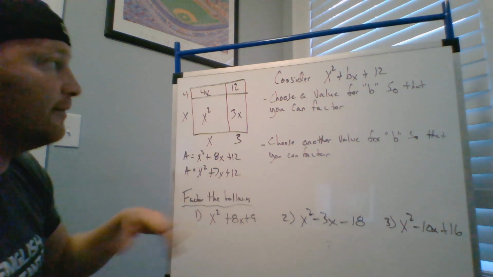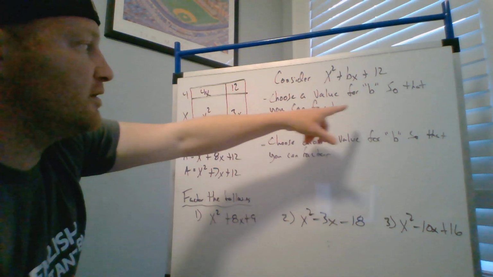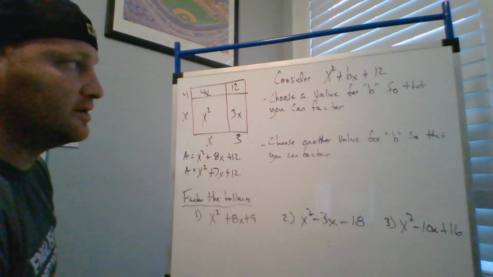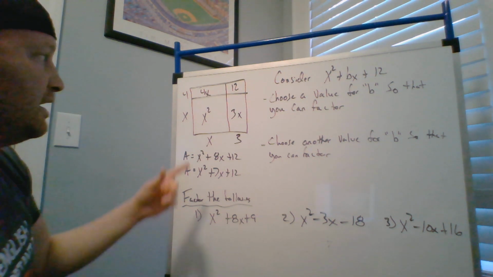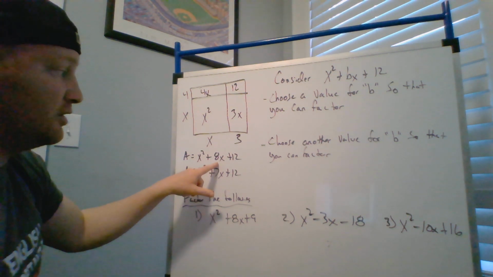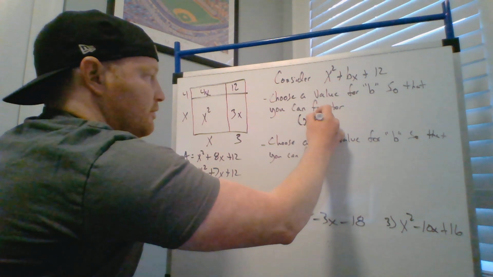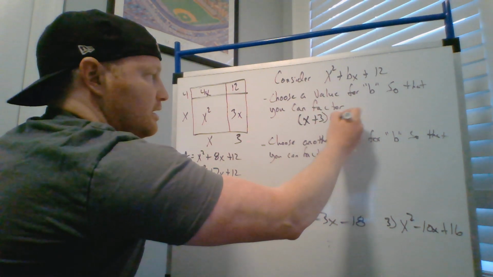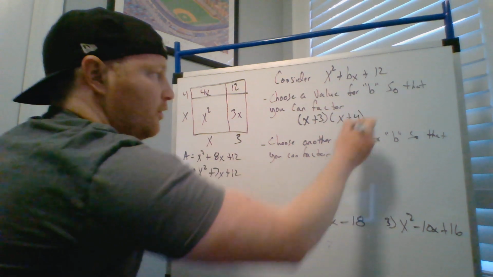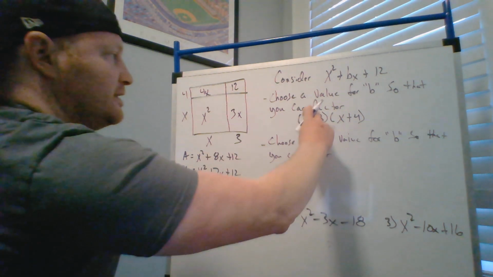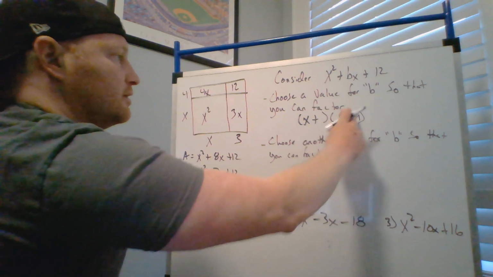So, knowing that, it says choose values for b so that you can factor. I chose b as 8, so this factors into x plus 2, x plus 6. I'm sorry, I made a mistake, not on purpose.